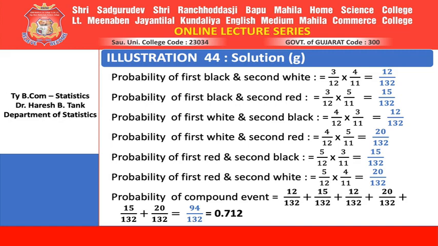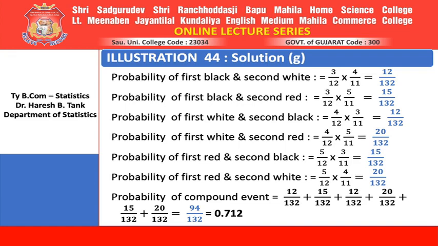I am saying it a little faster just because we have already found all these probabilities. So it is 3 by 12 multiplied by 4 by 11, which comes to 12 by 132. First is black, second is red: 3 by 12 multiplied by 5 by 11 comes to 15 by 132. First is white, second is black: 4 upon 12 multiplied by 3 by 11 comes to 12 by 132.